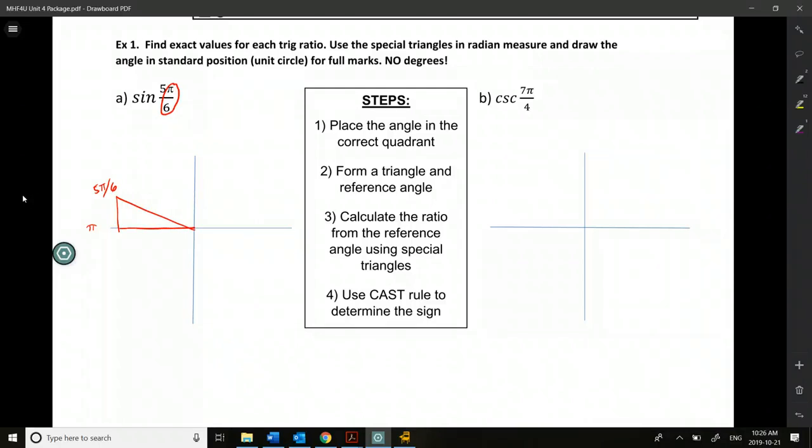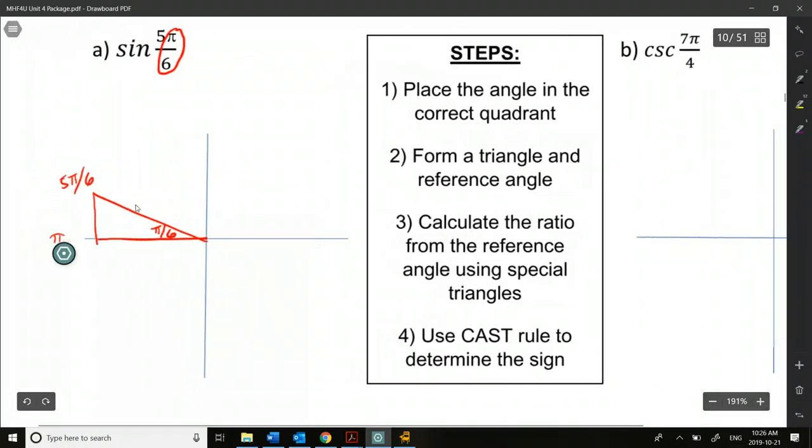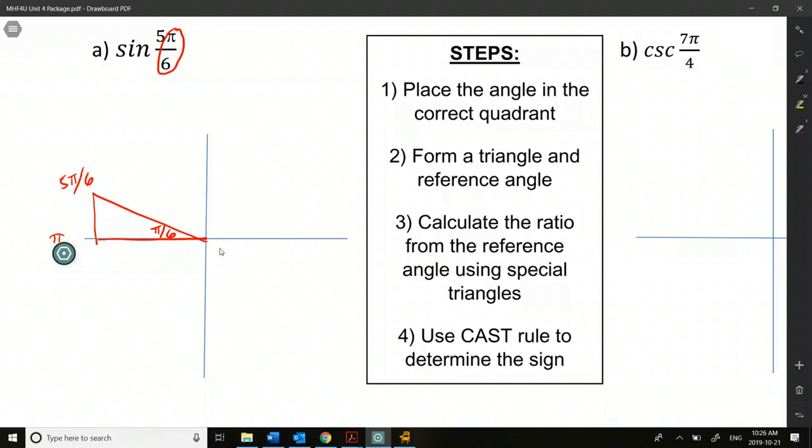Okay? So that's the angle that's inside that inner corner there. I'll zoom in on here for you. Okay, so this is pi over 6. Our special triangle, this is like a 30, 60, 90 triangle from last year. So pi over 6 is 30 degrees. Our other one is 90 degrees, or pi over 2.